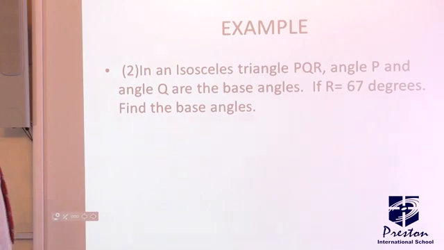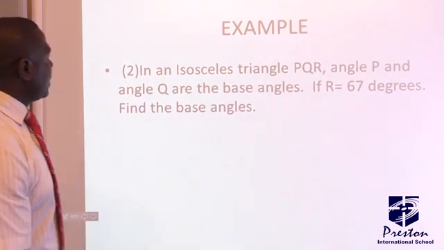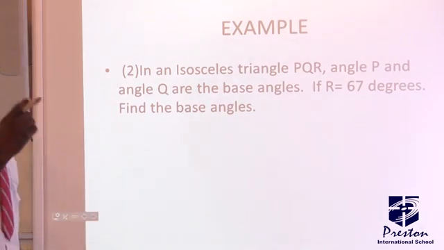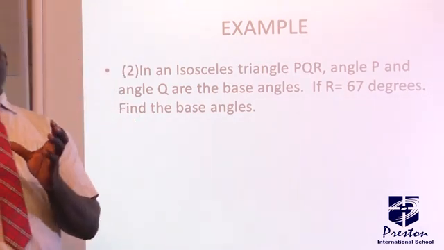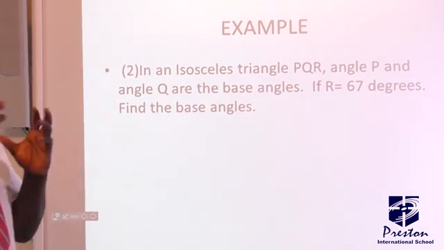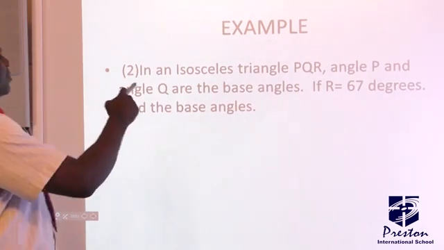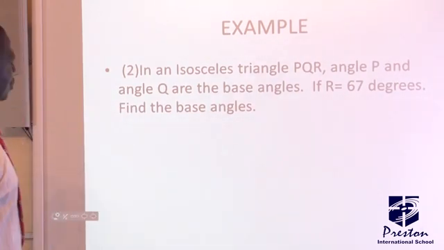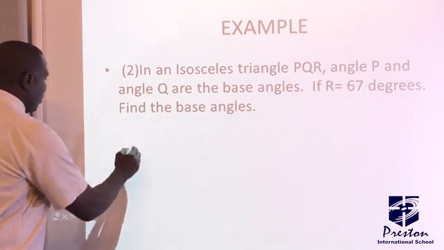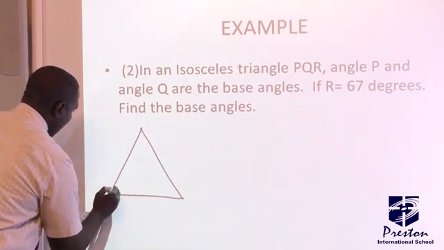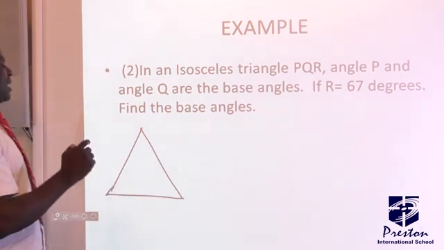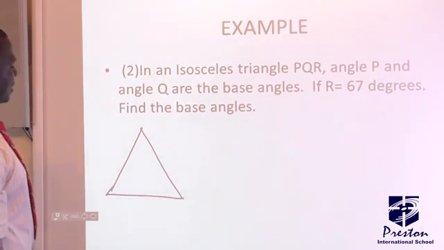Now, let's look at the second example. The second example is about an isosceles triangle. Remember, I said the other time that the base angles of isosceles triangles are equal. In an isosceles triangle PQR, you have to draw the triangle. How do we know that this triangle is isosceles?